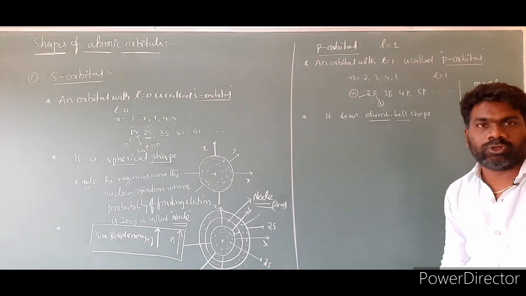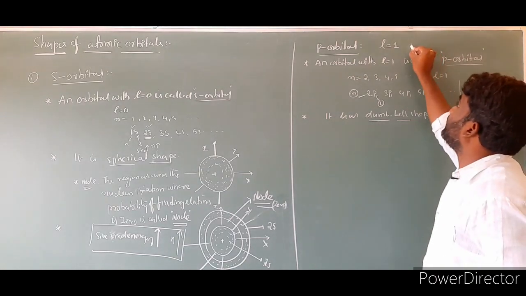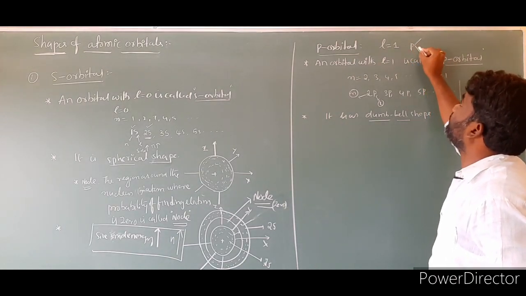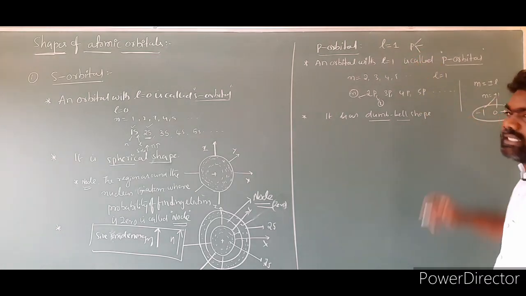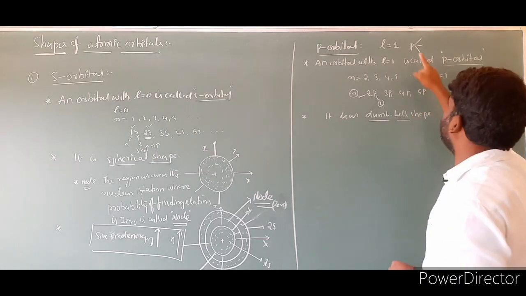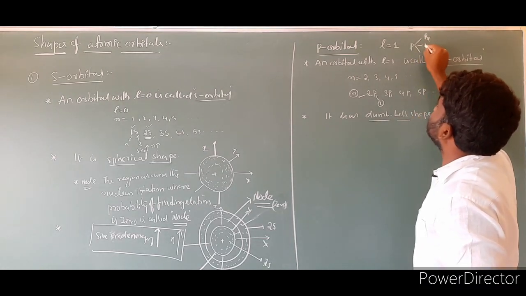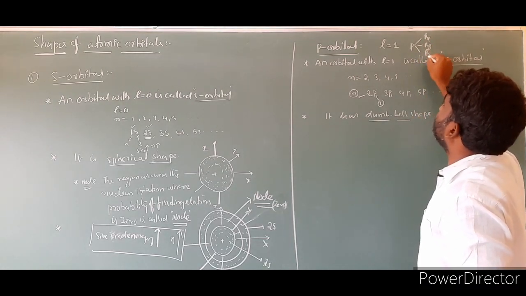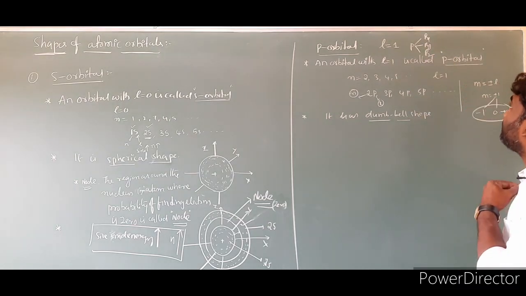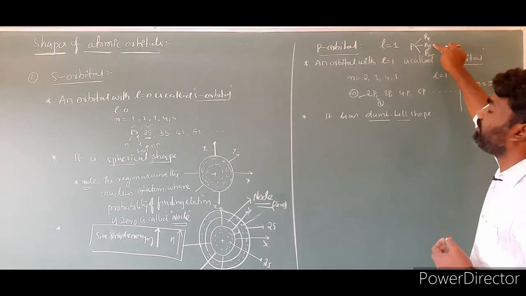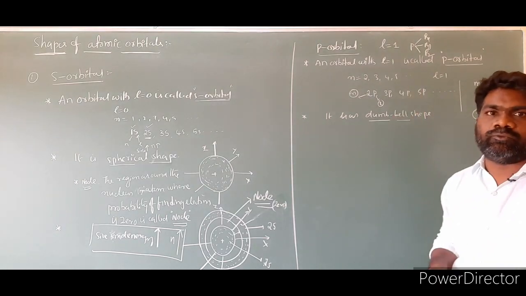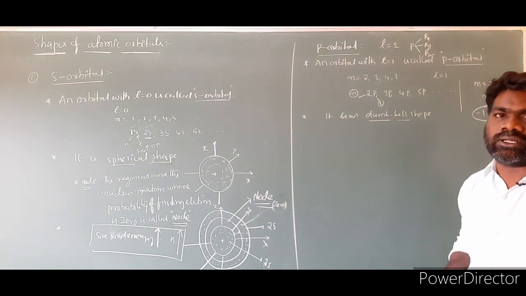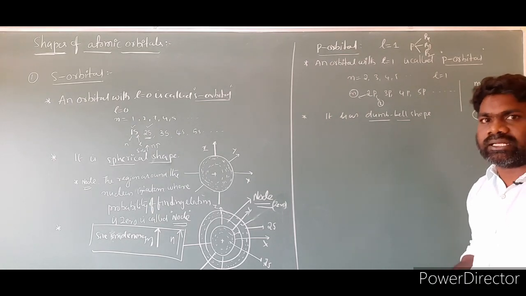That means the p orbital splits into 3 different orbitals: px, py, and pz. These 3 orbitals are oriented along the axis, so p orbitals are directional in nature.